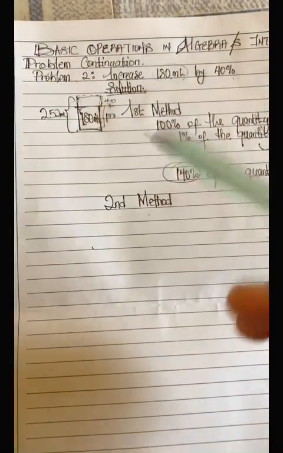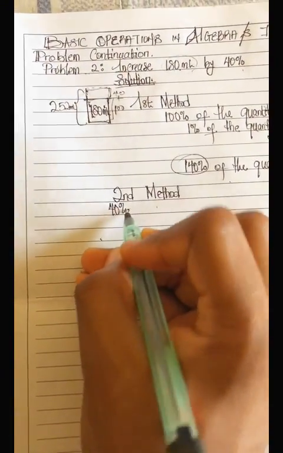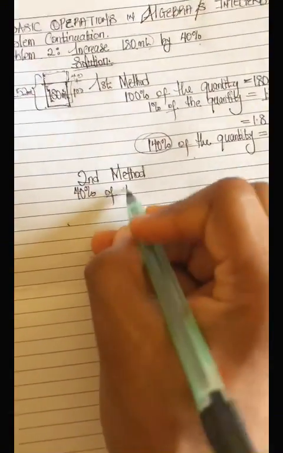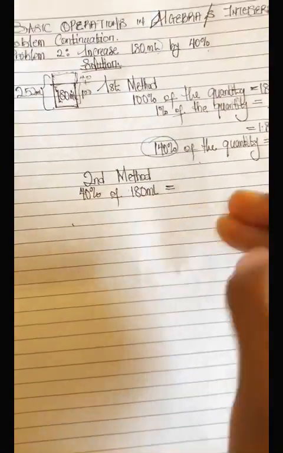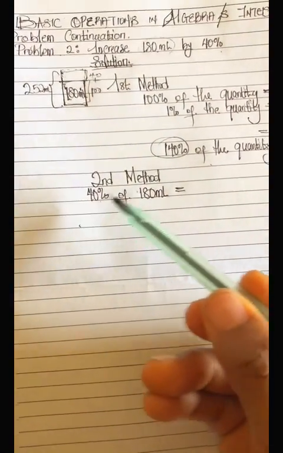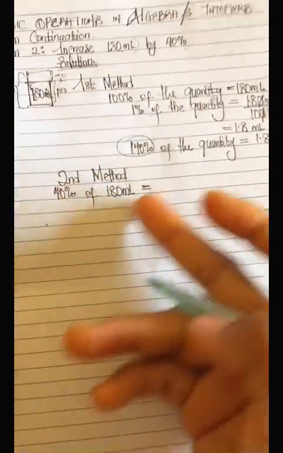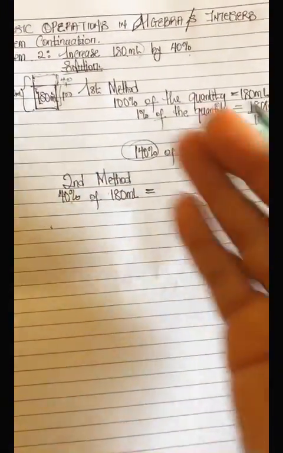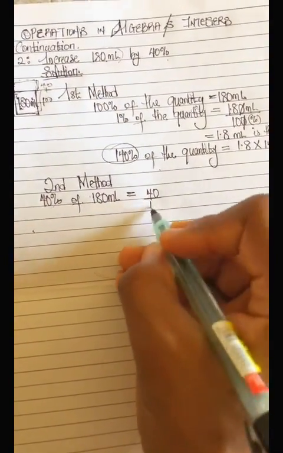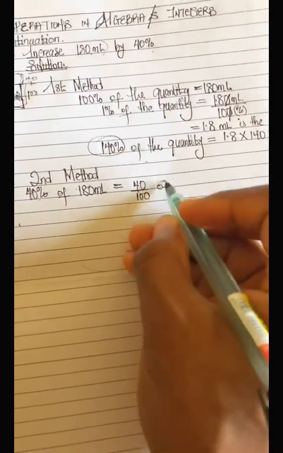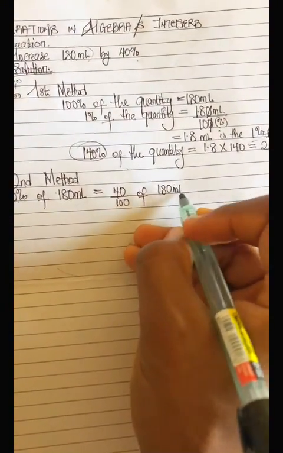Suppose I want to try another method. So I can say 40% of 180 ml. That is, I want to get 40% of this particular quantity. In order to write it mathematically, we can write it as 40 over 100 of this specific quantity, which is 180 ml.